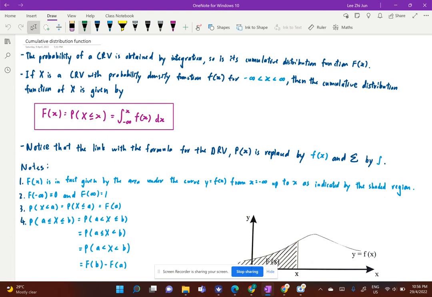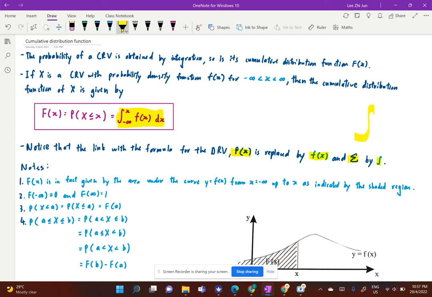If X is a CRV with probability density function f(x) over negative infinity to infinity, then the cumulative distribution function of X is given by F(x) = the integral from negative infinity to x of f(t) dt. Notice the link with the formula for discrete random variables: p(x) is replaced by f(x), and the sigma is replaced by this integral.